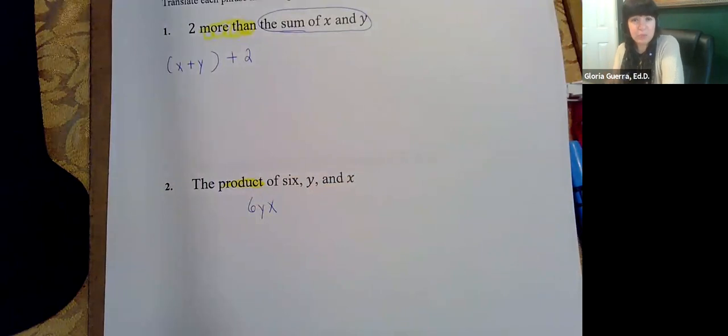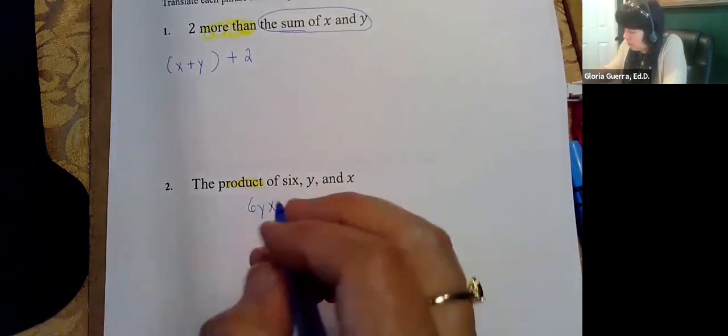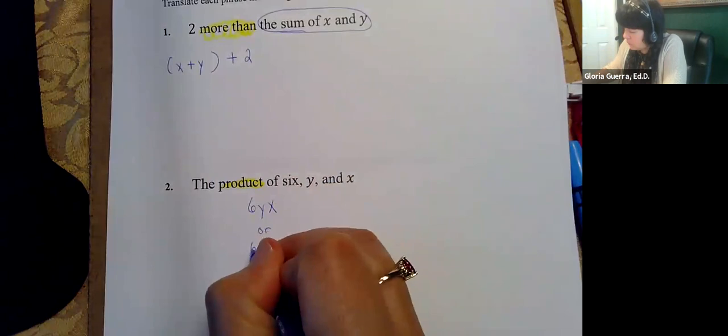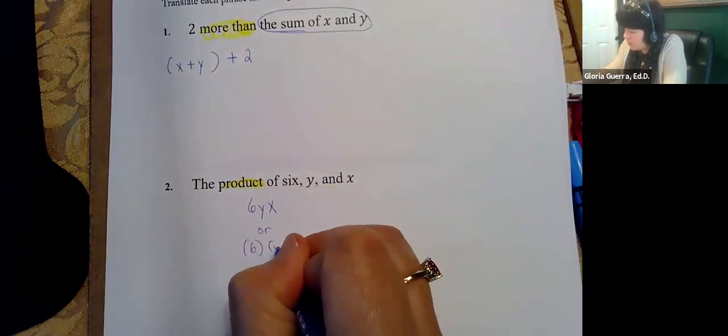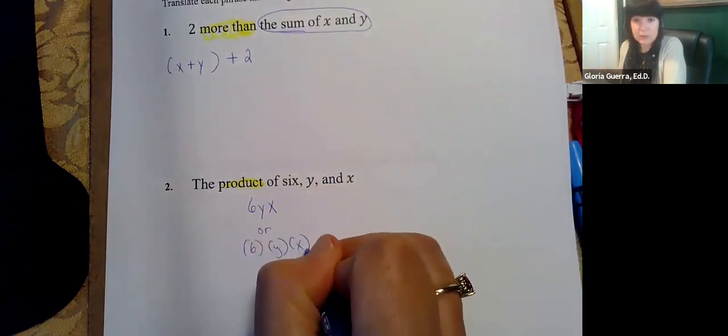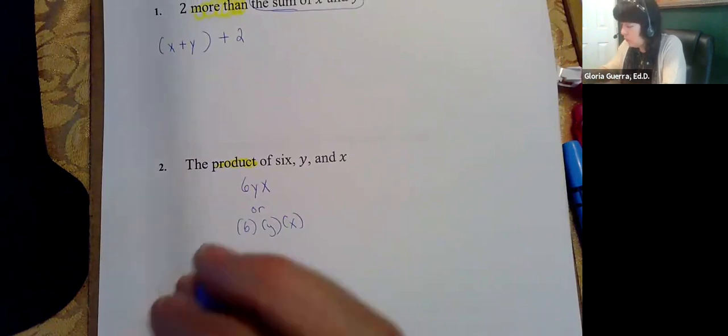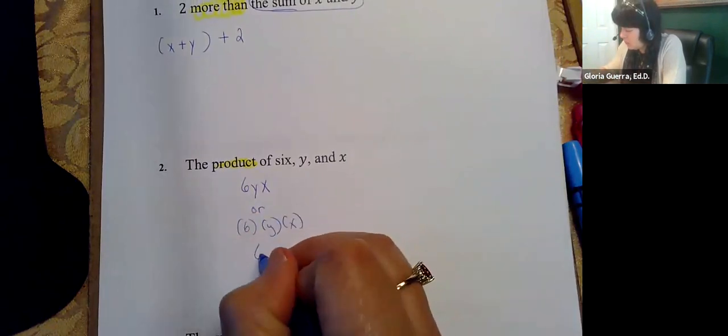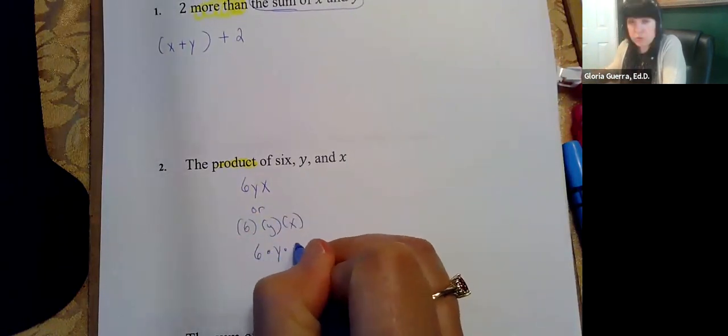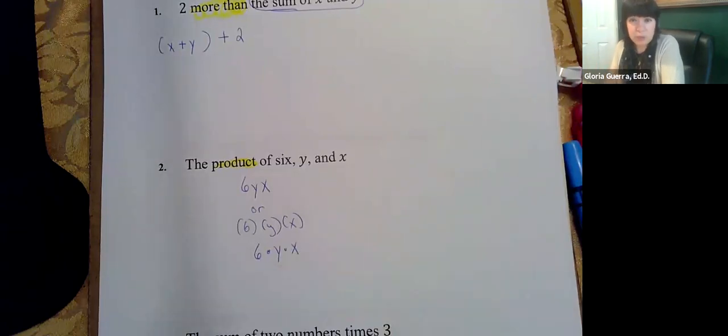That implies multiplication. Or you could use a whole bunch of parentheses. Okay, that's a little bit overdoing it, but that's fine. Parentheses mean to multiply. Or you can use raised dots. These raised dots too. Okay, just make sure they're not decimals, they're not on the bottom, they're kind of floating. Okay.